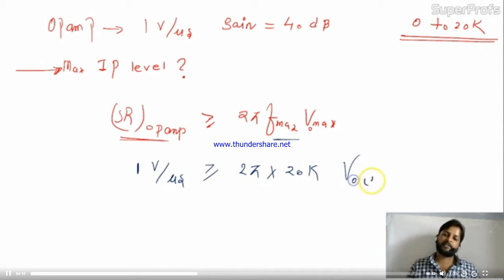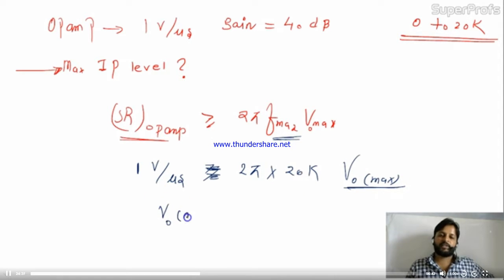So we can calculate V0 max. Correct? So keep V0 max on this side and take all this to the other side and take it just equal, because we are calculating the maximum requirement. So when you calculate, you will get V max equal to 7.95 volt.